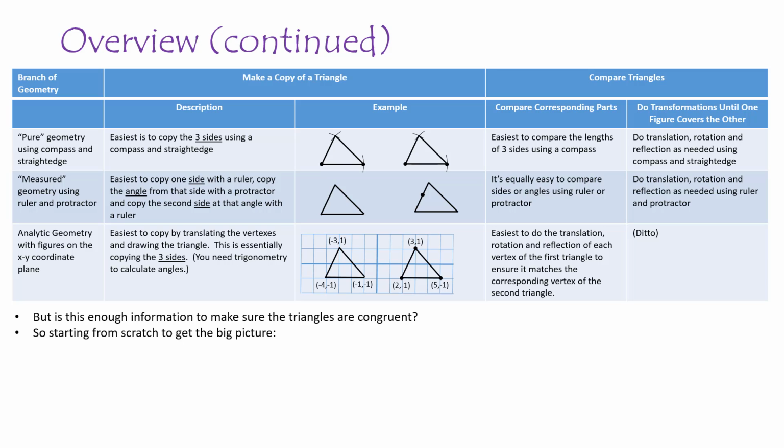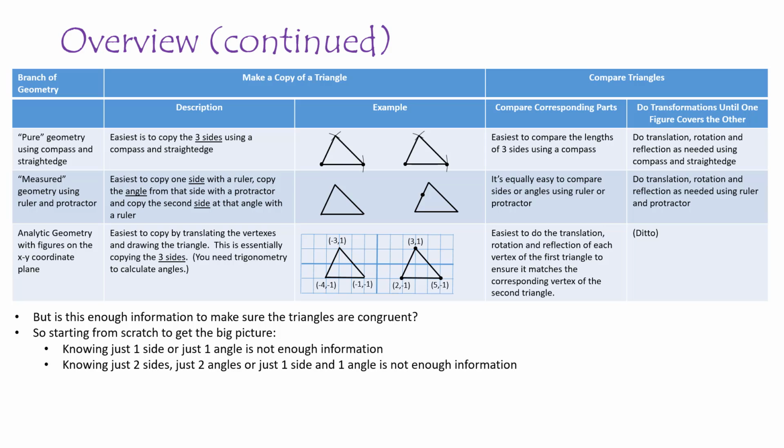So let's start from scratch and start over and get the big picture. What do you need to know to be able to ensure the triangles are congruent? Well, you can't know just one side or just one angle. It's not enough information. I think that's pretty intuitive. But you couldn't just know two sides or just two angles or just a side and an angle, and it's still not enough information.